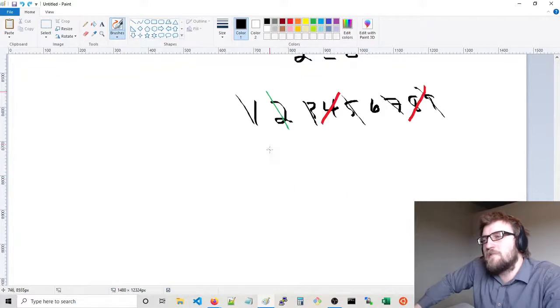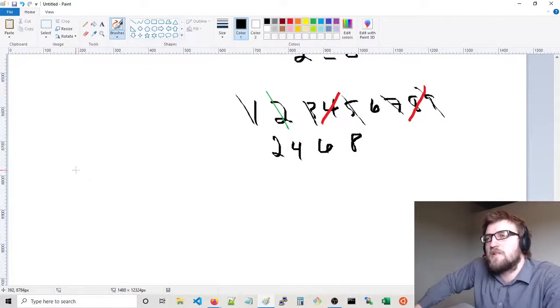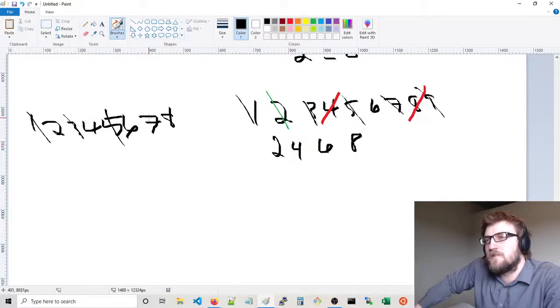When you get rid of the even numbers left to right, you're left with 2, 4, 6, 8. If you do the same thing on 1, 2, 3, 4, 5, 6, 8, get rid of the odd numbers, you're left with the same thing.